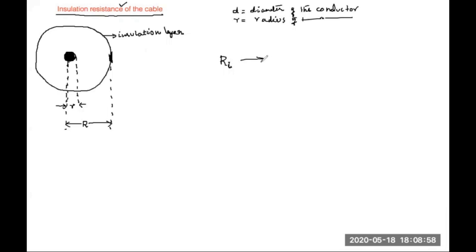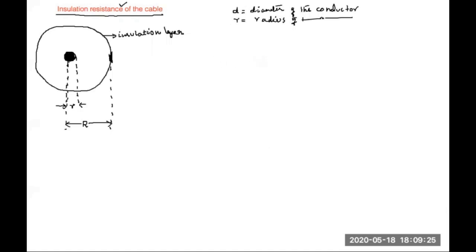It should avoid the flow of current in the insulating layers. That's why how much resistance it will offer, and what factors it depends on, I will also come to know. If I know in advance the resistance of the insulator, then I can design any cable depending upon those parameters. Clear? So let us start with the derivation now.